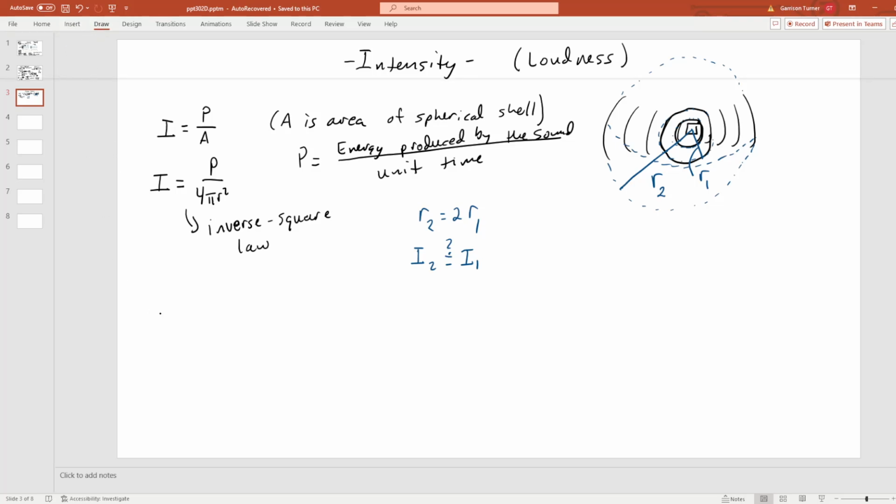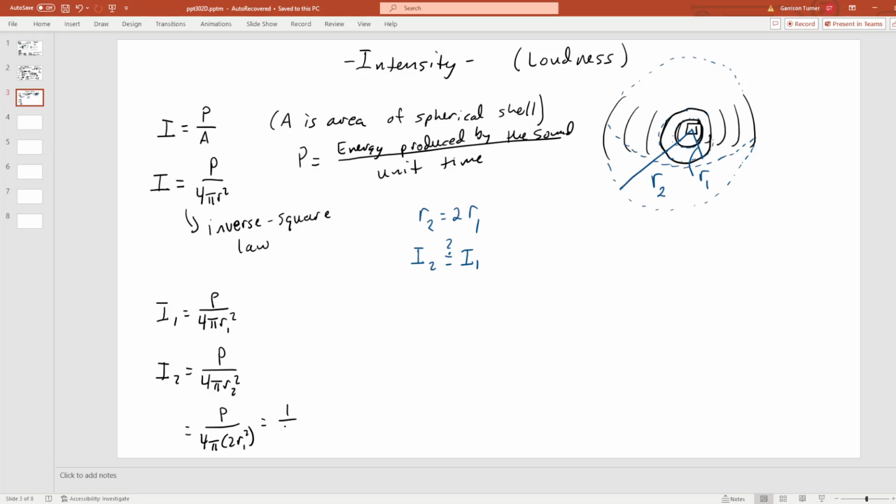if we calculate the intensity I1, we have the power produced by the sound divided by 4 pi R1 squared. And if I look at I2, this is equal to power divided by 4 pi R2 squared, but this is equal to the power divided by 4 pi twice R1 squared.